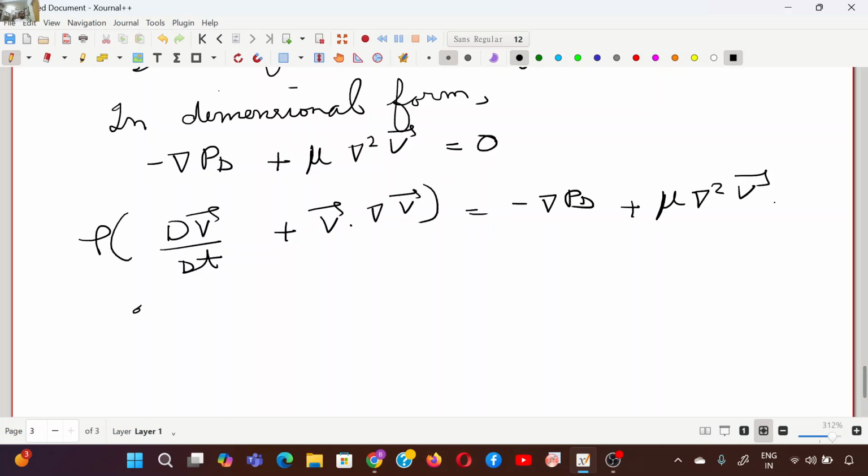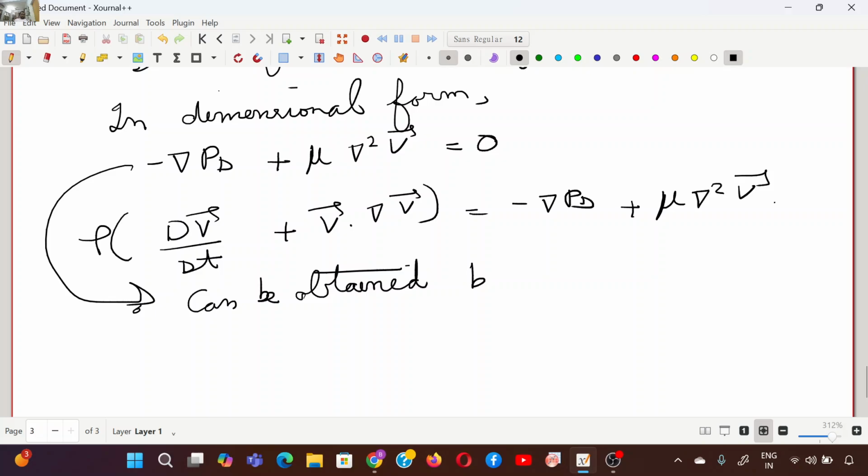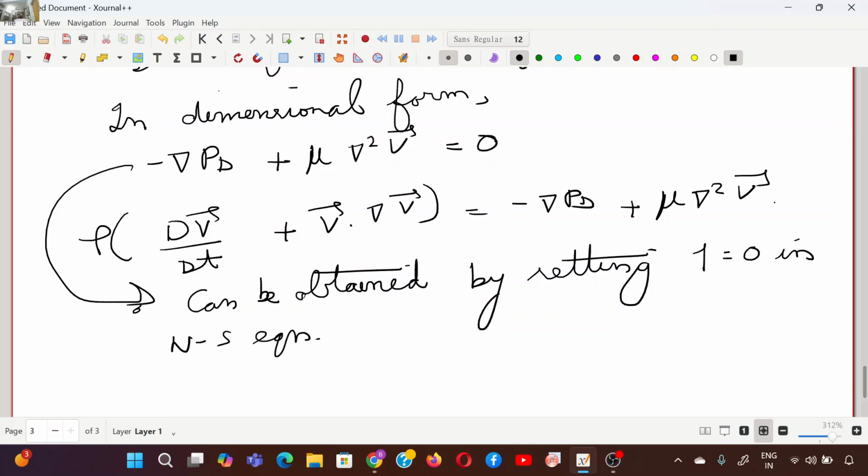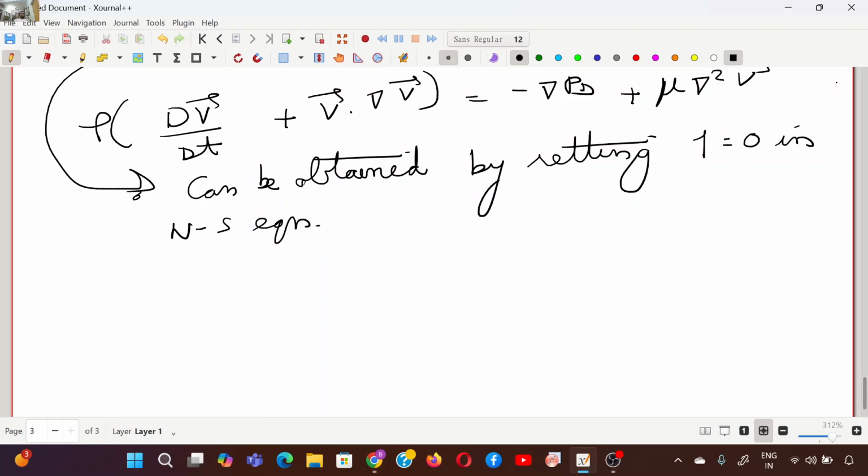This form of the equation can be obtained by setting rho equal to 0 in the Navier-Stokes equation. So basically what it means is that rho is absent in our equation, or the density of the flow doesn't matter.